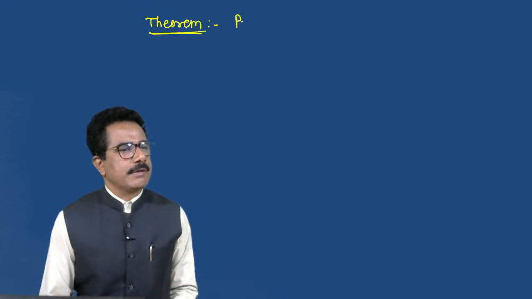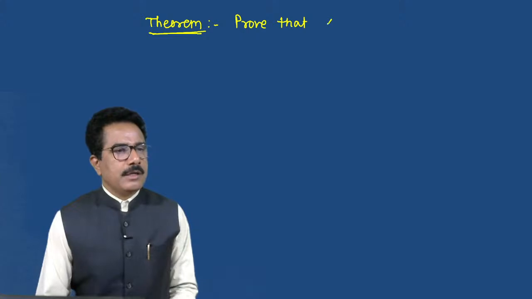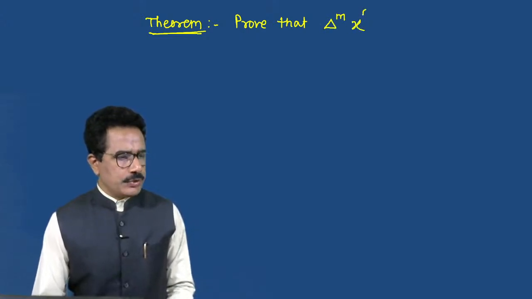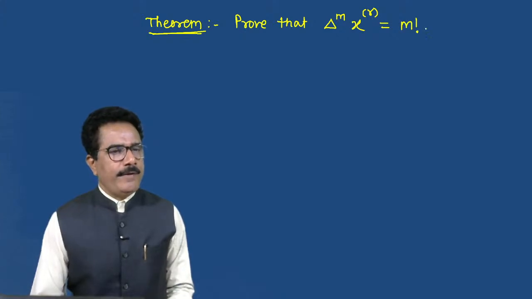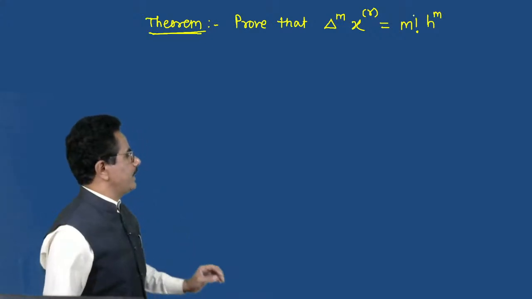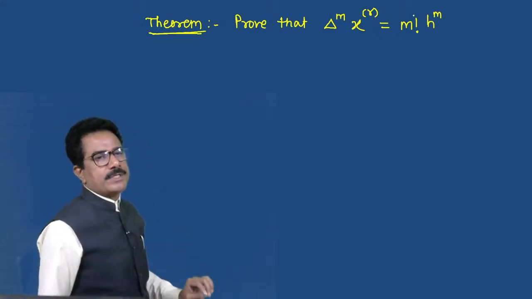Now prove the theorem. Prove that delta raised to m of x raised to r factorial is equal to m factorial h raised to m, where h is the interval of differentiation.